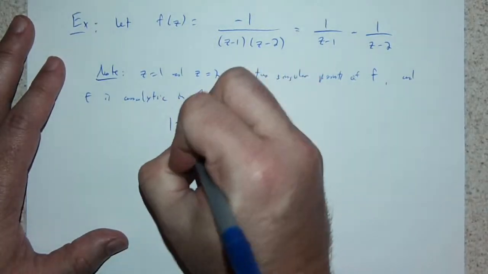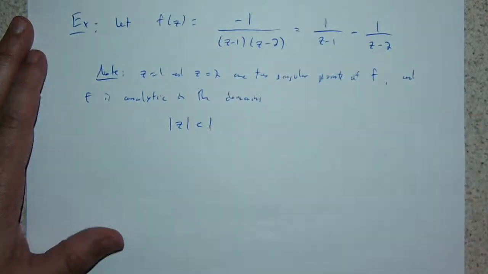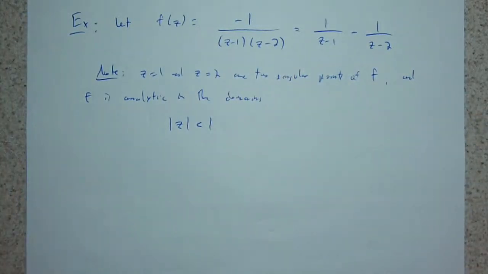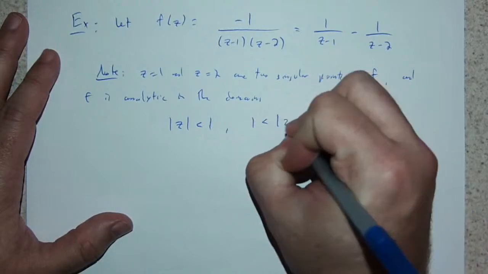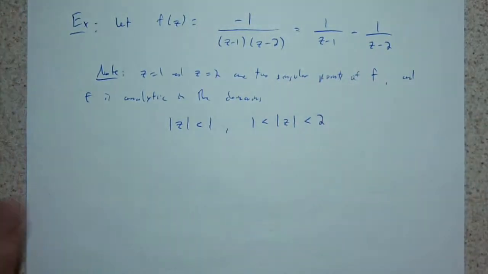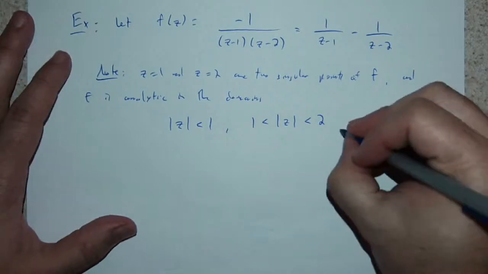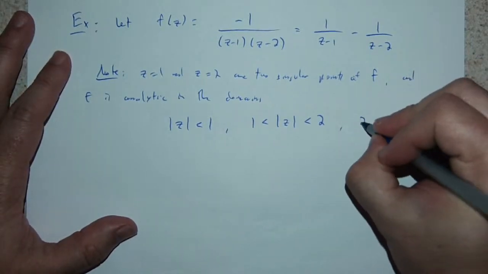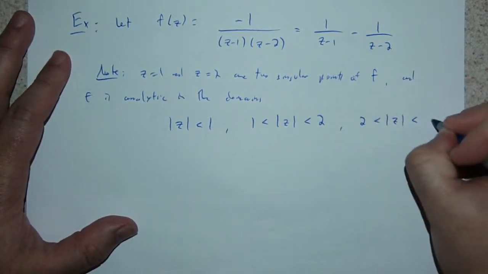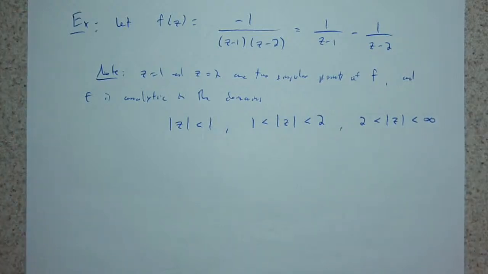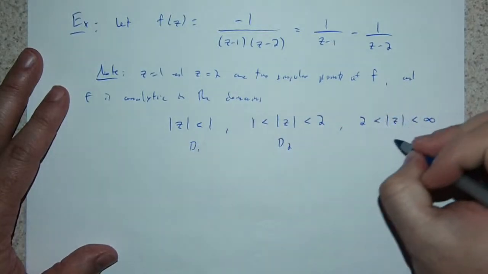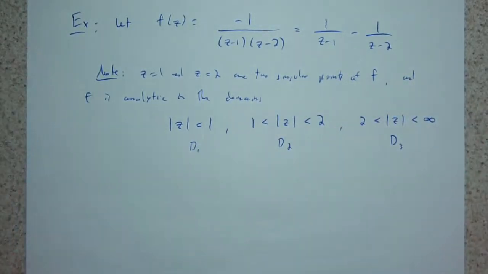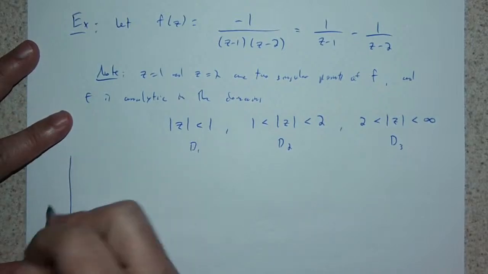So, say, the open unit disk, the annular region between the open unit disk and the open disk of radius 2, and then the region exterior to the open disk of radius 2. So if I call this domain d sub 1, this domain d sub 2, and this domain d sub 3, there's an easy way of drawing a picture showing all these domains.